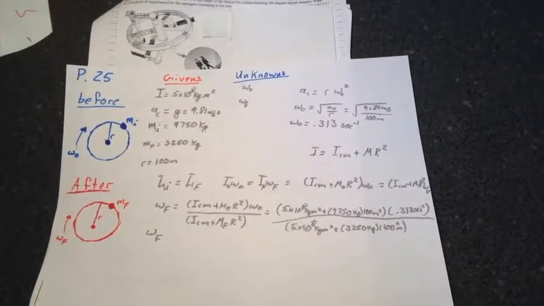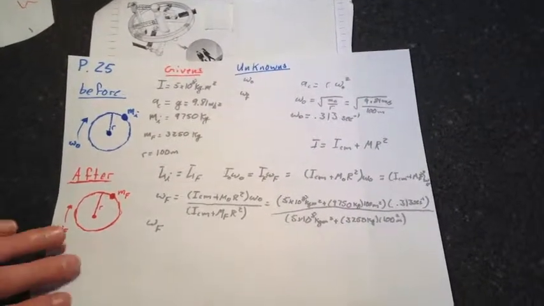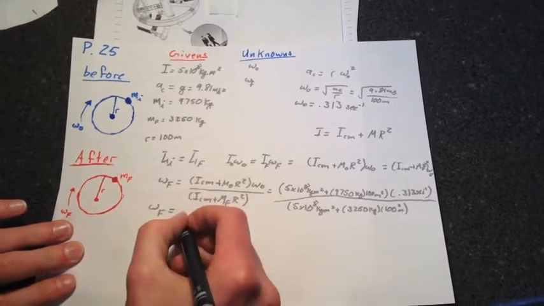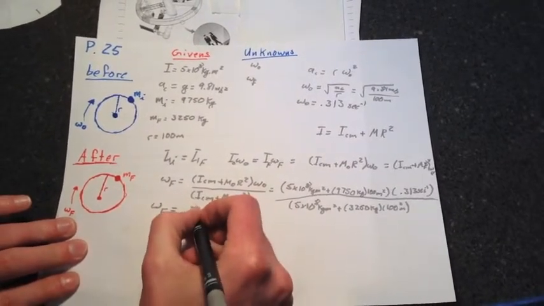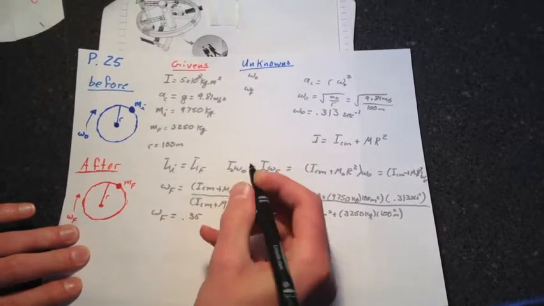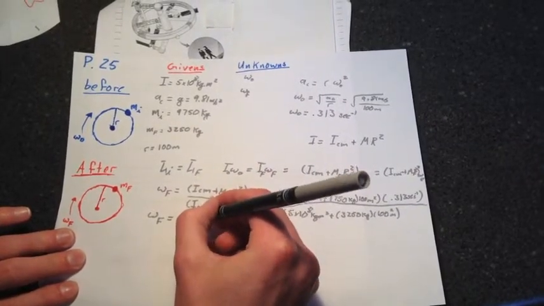Now that we've plugged everything into your calculator, you should get that omega final is equal to 0.35351 inverse seconds.